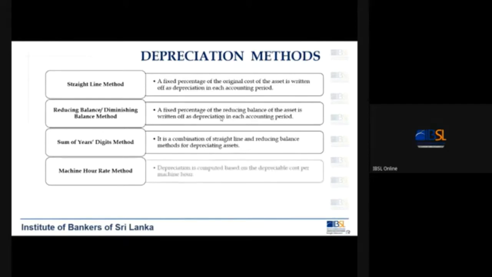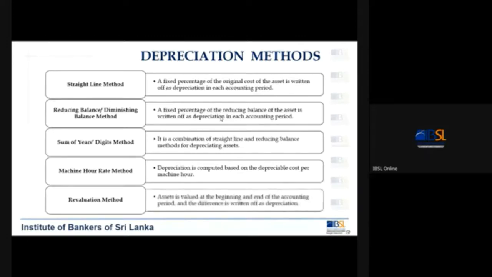And then we also have the revaluation method. Generally people do not consider this as a method of depreciating, but there are organizations which can make use of this as a method of depreciation. In other words, you have to do a revaluation every year.